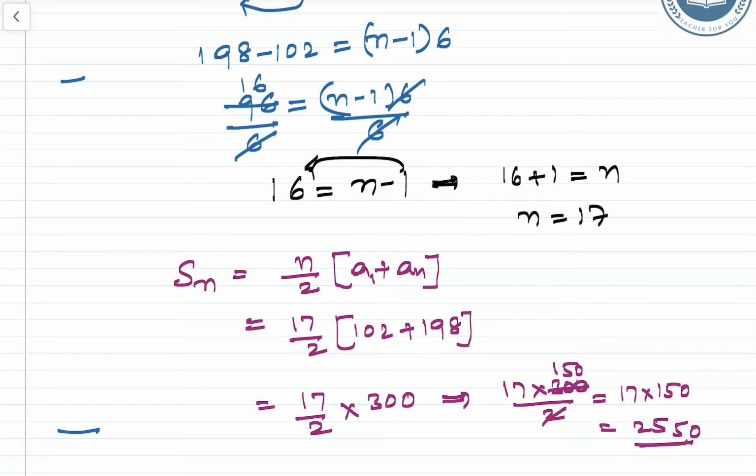Once again: 15 sevens are 105 and 15 ones are 15, 15 plus 10, 25, so 2550. The sum of the multiples of 2 and 3, or the sum of the multiples of 6, between 100 and 200 is 2550.